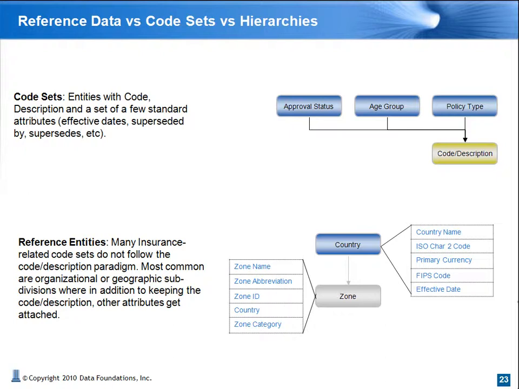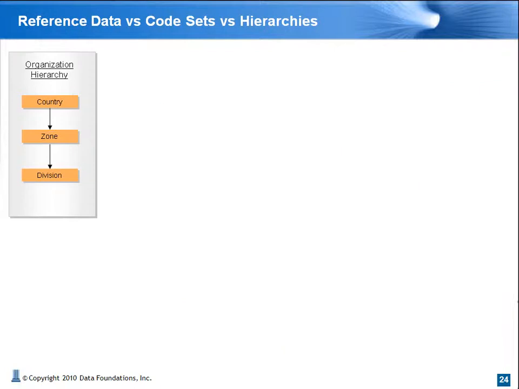So, as in this example, in addition to the description name, country is further enriched by its ISO Character 2 code, its FIPS code, the primary currency, and so on. Code sets as described here can be part of metadata as mentioned earlier. But I doubt it's overly assumptive to say that insurance companies have embraced the strategic control afforded by hierarchies and the relational support of key data items.